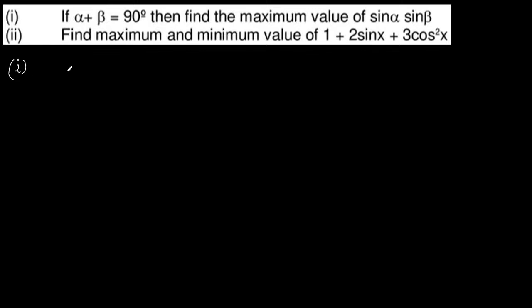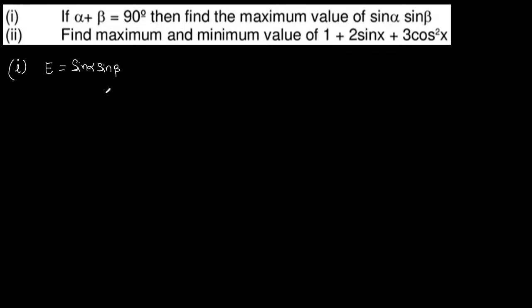If alpha plus beta is 90 degree, then the maximum value of sin alpha sin beta. We will consider E equal to sin alpha sin beta.